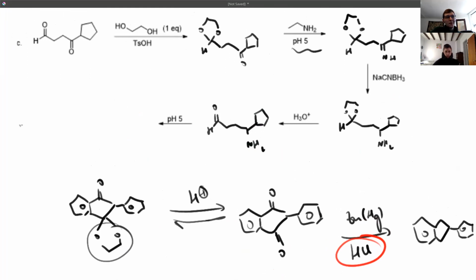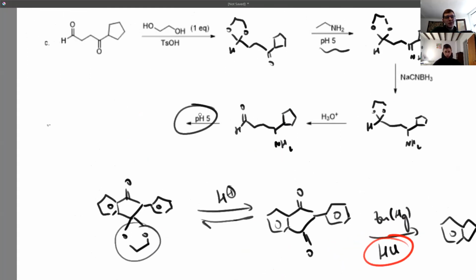Okay. pH 5. Would that just be acid catalyzed hydration of that aldehyde on the end there? Like you'd end up with a carboxylic acid, I guess. That would be oxidation. Oh, okay, gotcha.